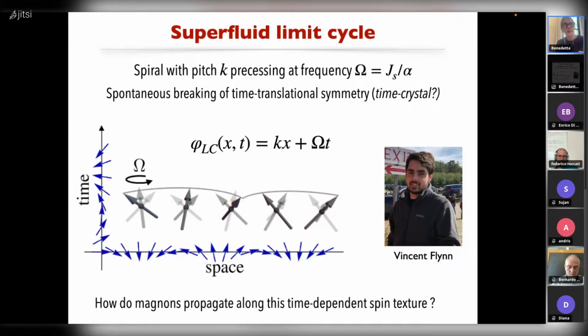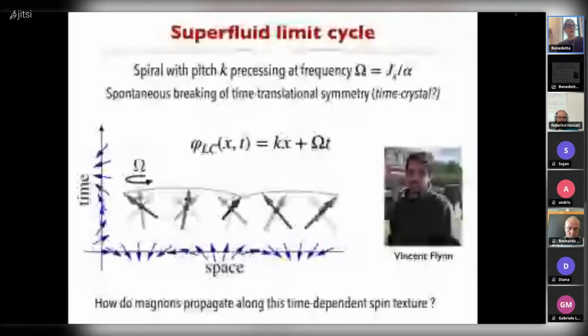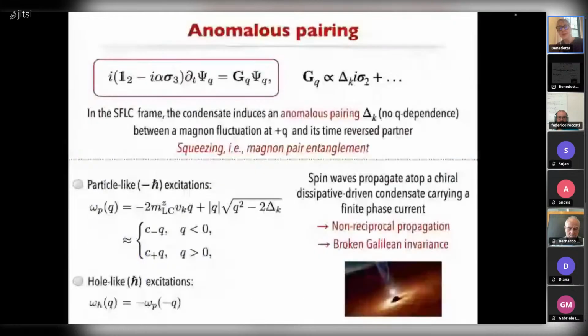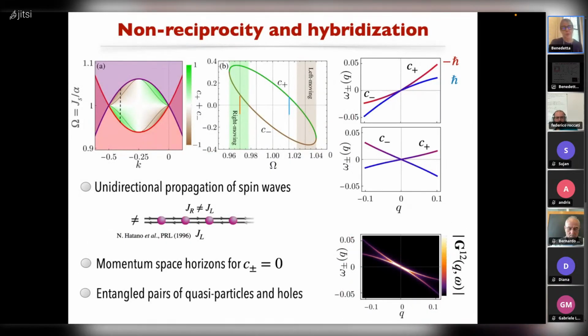This state carries a finite amount of spin superfluid current. So now, from a hydrodynamical point of view, what we're doing is looking at excitations that propagate on top of a background that has a net flow. Maybe that can explain it from a different perspective.